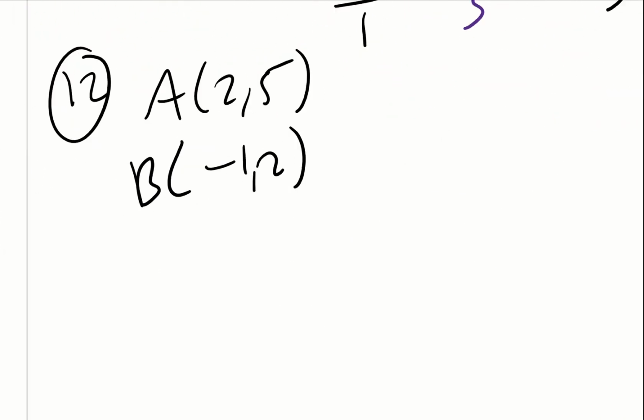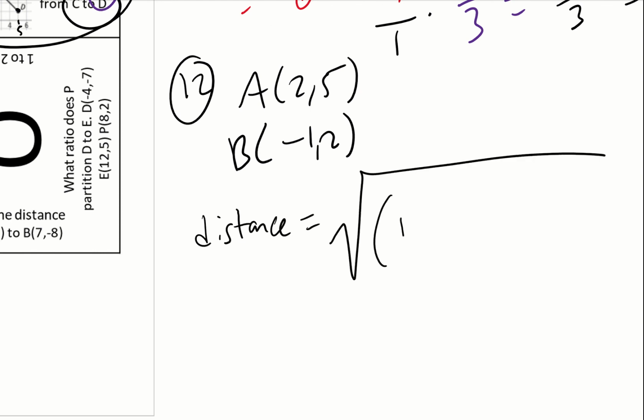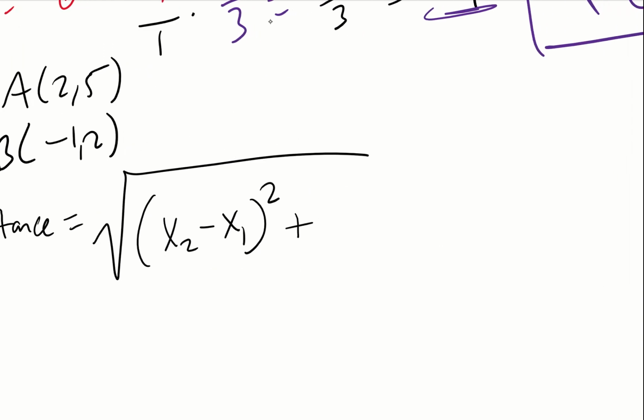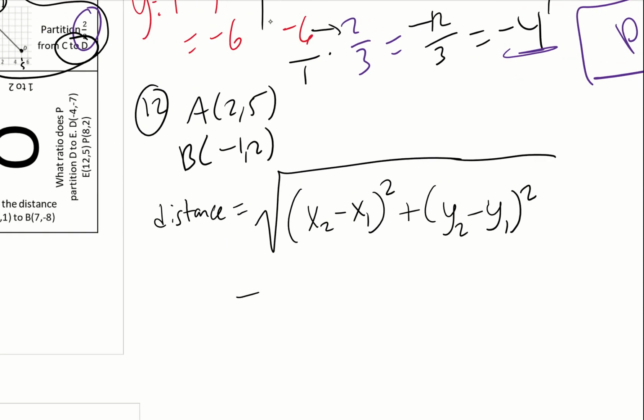So remember, to find the distance, we use the distance formula. The distance formula is distance equals square root. You're going to subtract the x coordinates, square them, add that to the subtracted y coordinates squared. And that's your distance formula. So all we got to do is apply that formula.